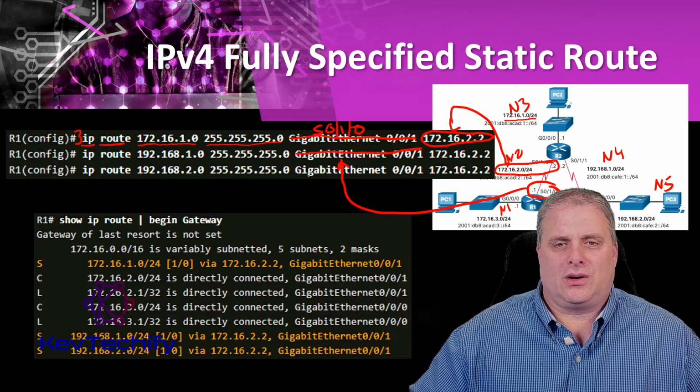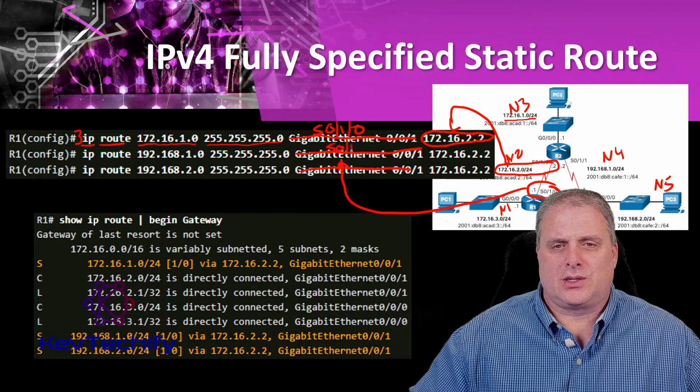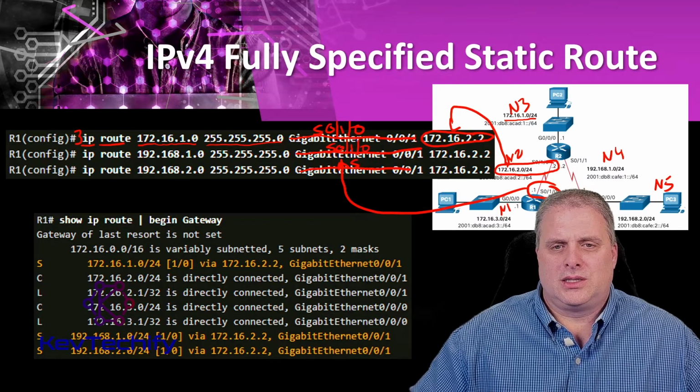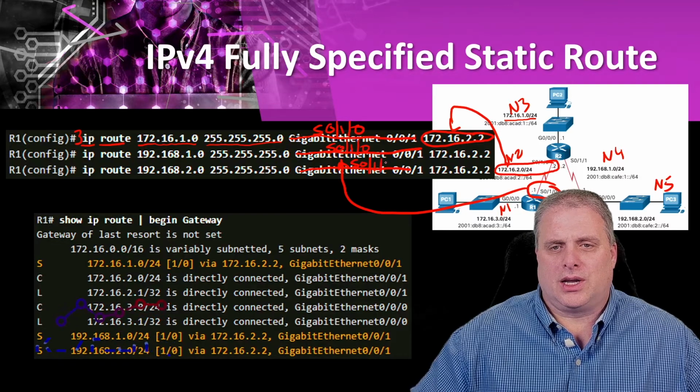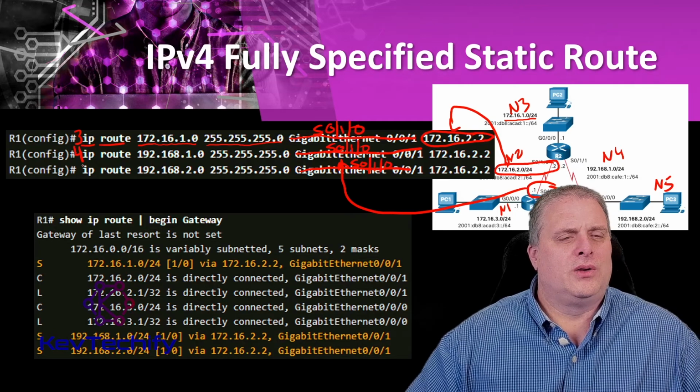These are actually all wrong in the demonstration. These are all serial 0/1/0. To get to network 4, we start off the same way.